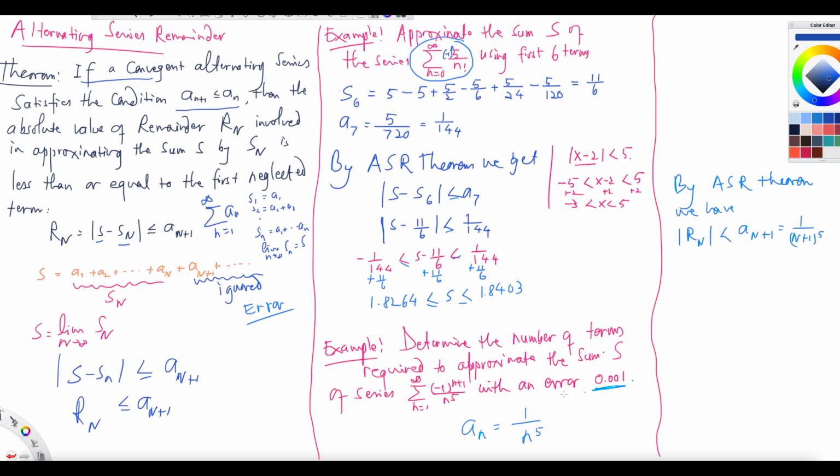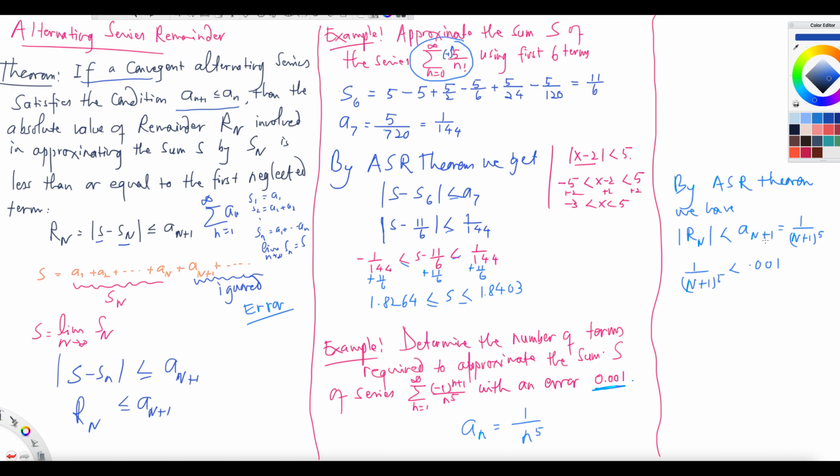So the error must be less than 0.001. That means 1 over (n+1) to the 5th must be less than 0.001. The a_(n+1), which approximates the error, must be less than 0.001.